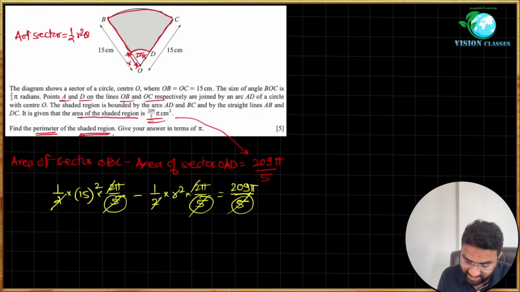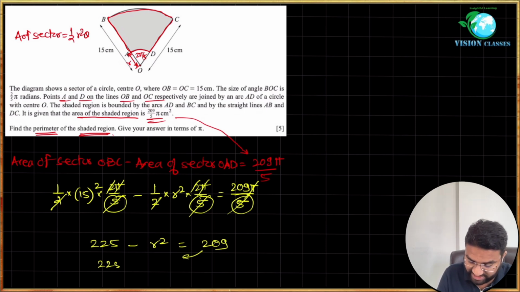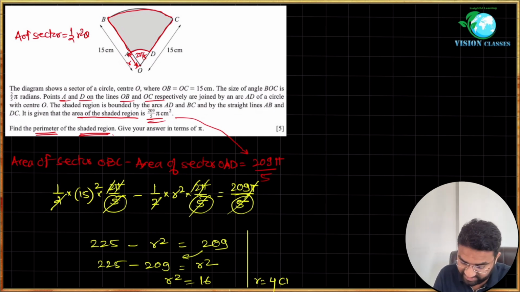Then the pi and pi also cancel. What we are left with is 15 squared, which is 225, minus r square, equal to 209. Transferring 209 to the left, 225 minus 209 is equal to r square. So r square is equal to 16, and r is the square root of 16, which is 4 centimeter.